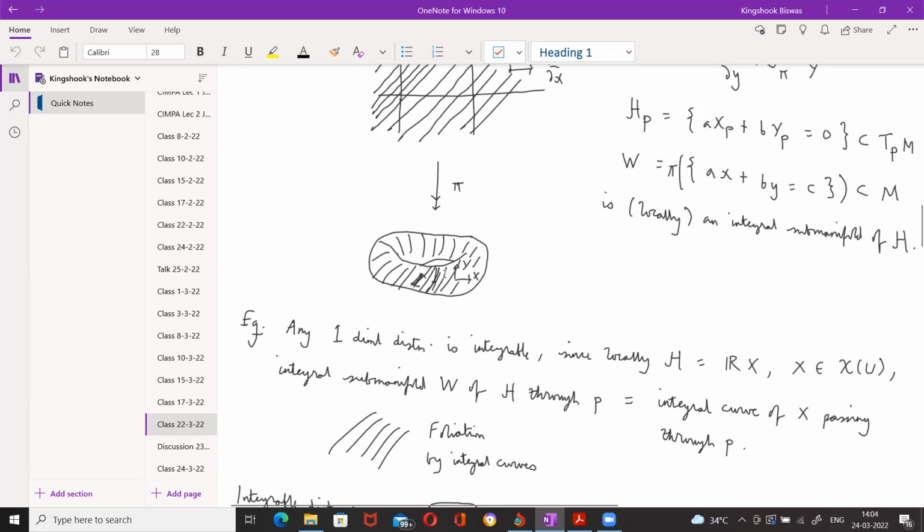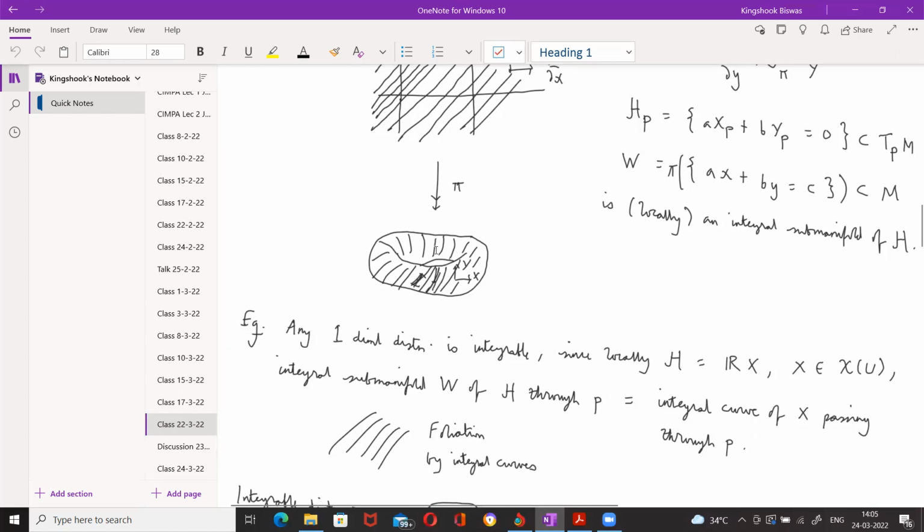So these curves are immersed. If the slope is irrational, then each is dense. And so with the subspace topology, it's not homeomorphic to the line, because it's non-Hausdorff. Points keep coming close to each other on the same leaf. So you have immersed leaves.